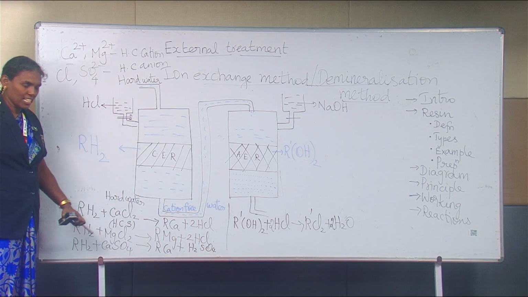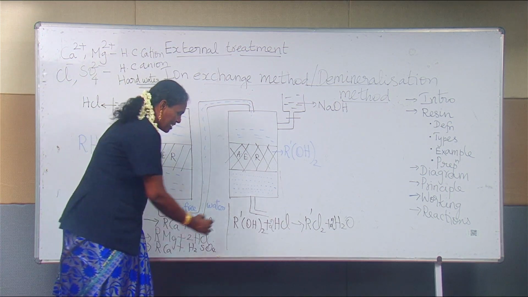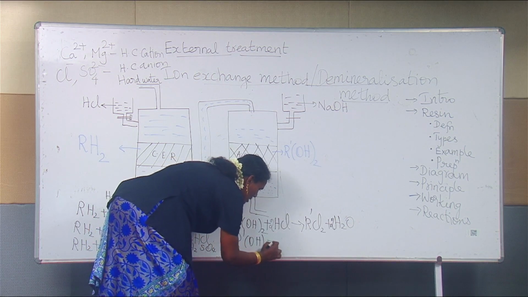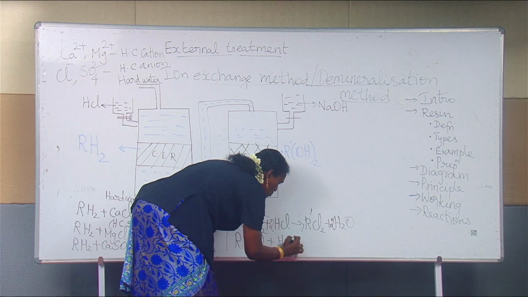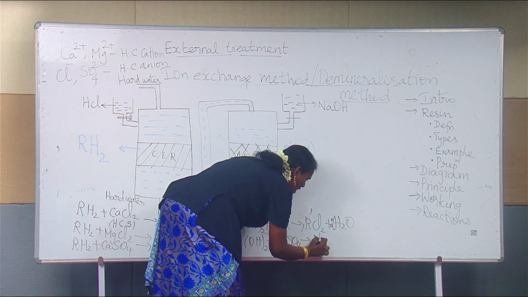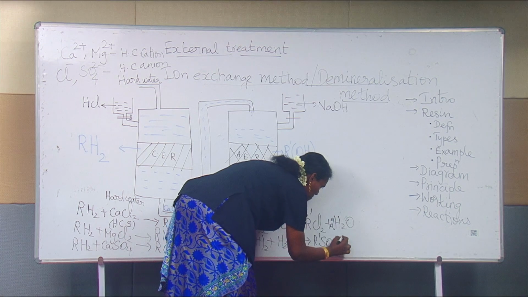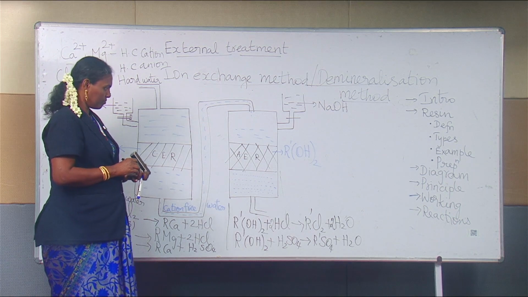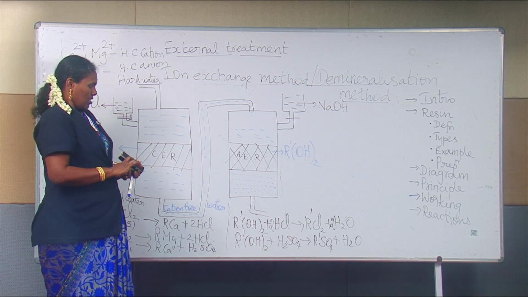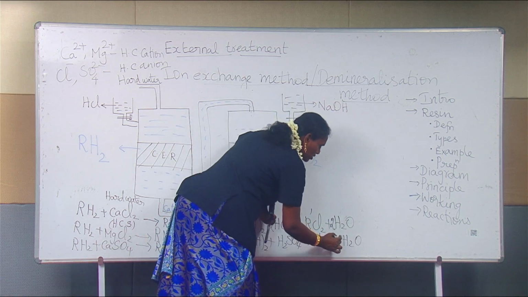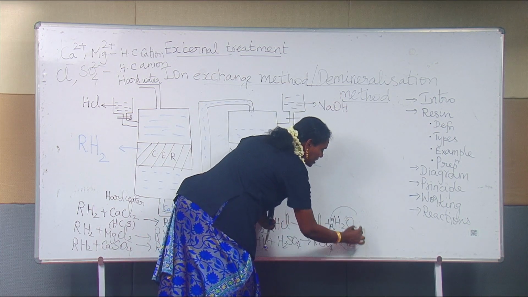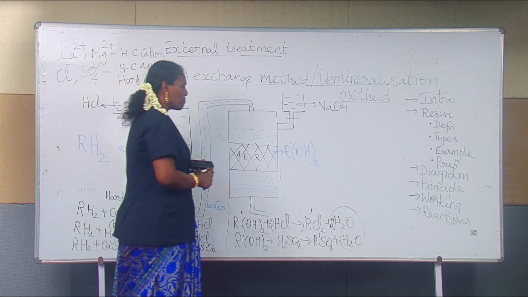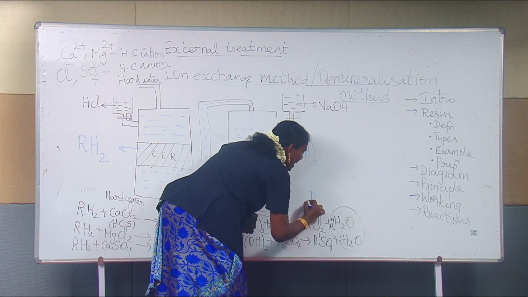Okay, so next, suppose the sulfuric acid is present here, what will be the equation? R'(OH)2 plus H2SO4 gives R'SO4 plus H2O. Here also you can write 2H2O. So what is this water called? This is our product. The water is called demineralized water or deionized water.